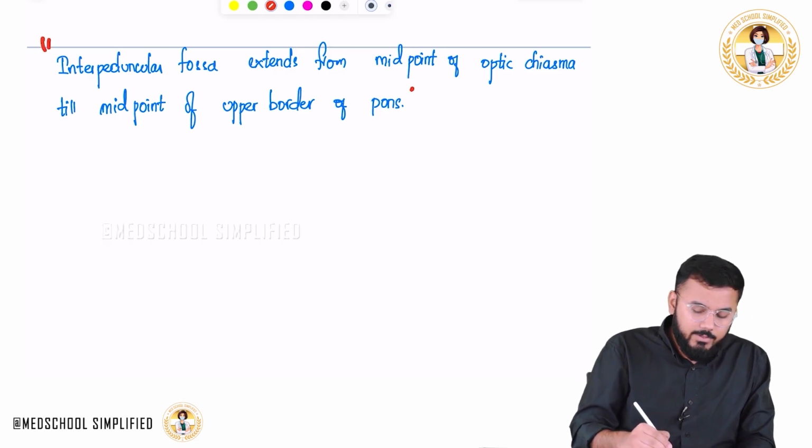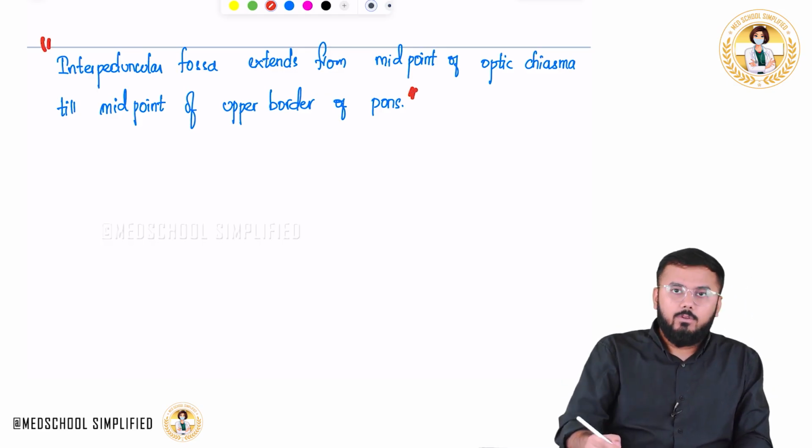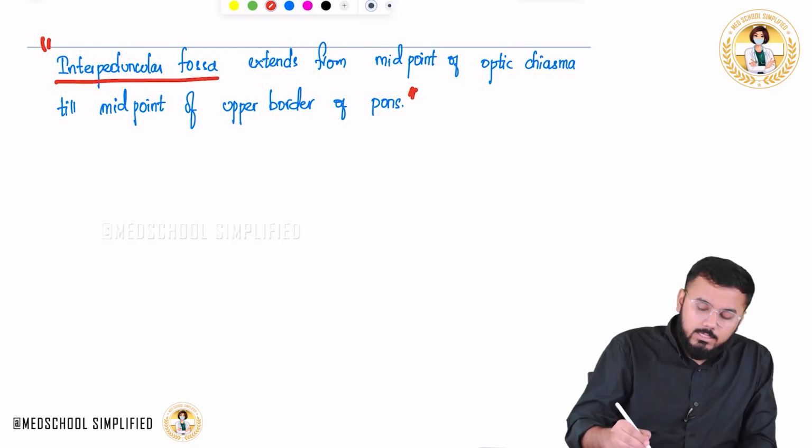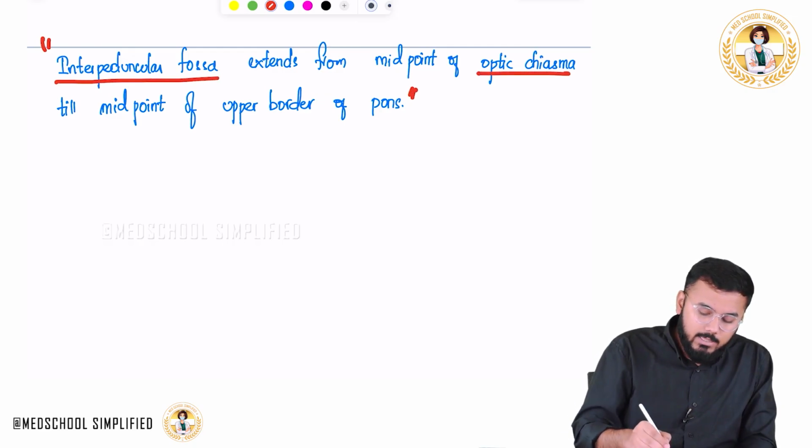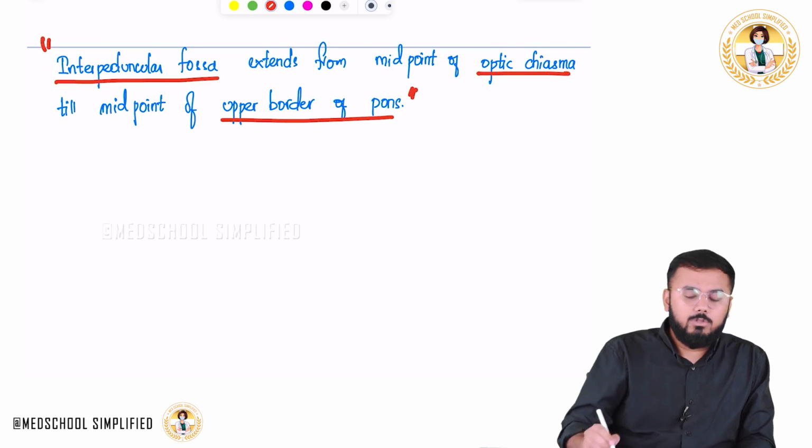So till here it will extend all the way, right? So interpeduncular fossa starts from the midpoint of optic chiasm till the midpoint of the upper border of the pons.